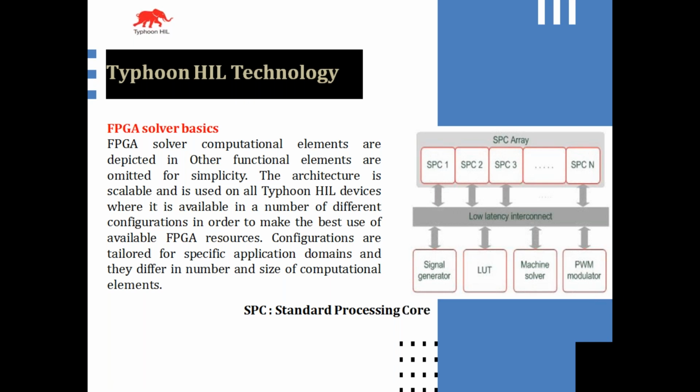Similarly for the PWM modulator, this is a multi-channel triangular PWM modulator that can be used both internally to drive internal converter models and externally through the digital outputs. It runs on the FPGA internal clock, typically 150 megahertz, and features a built-in dead time generator. Again, the number of PWM modulators you can use depends upon the configuration.